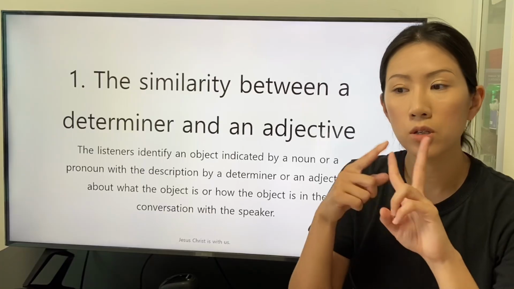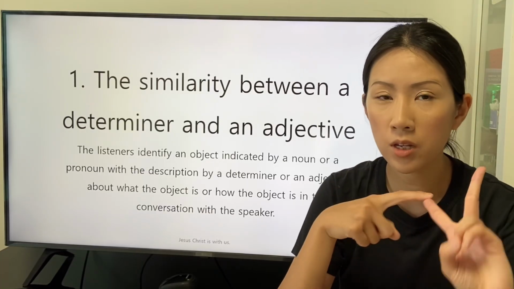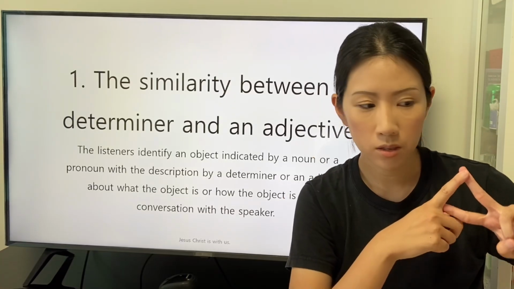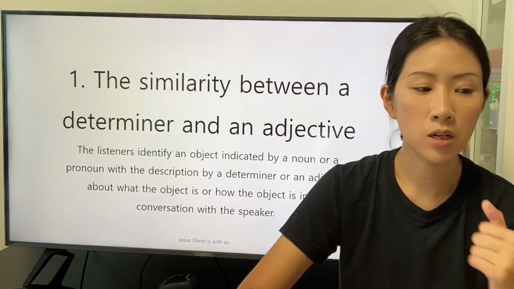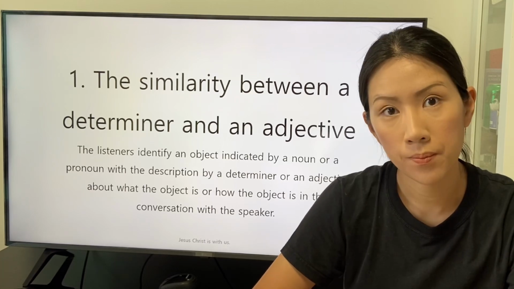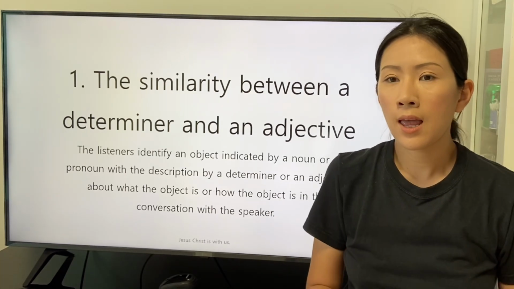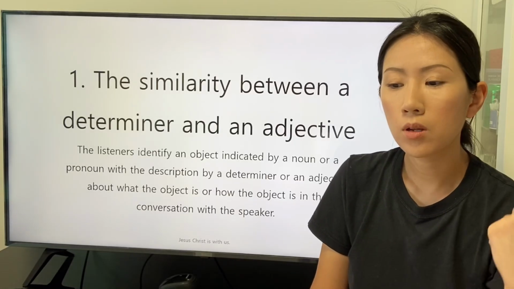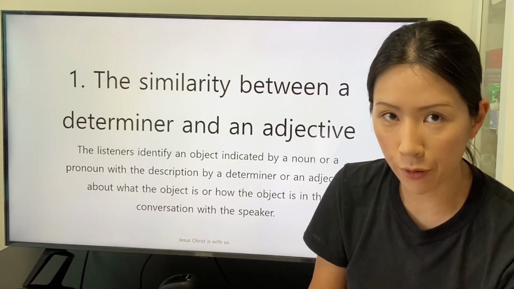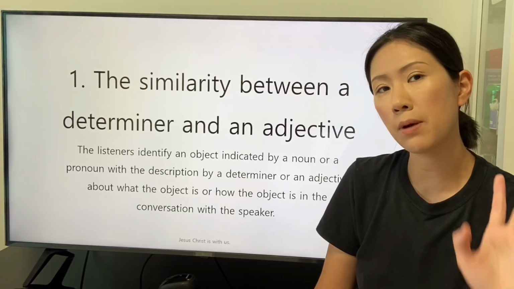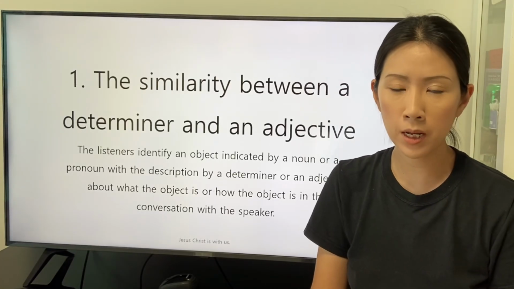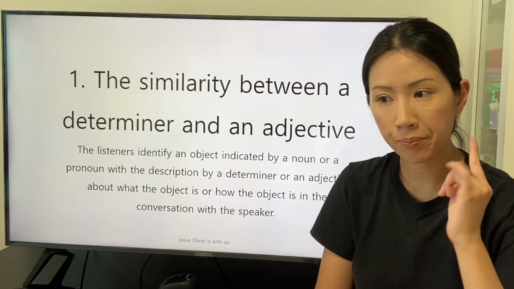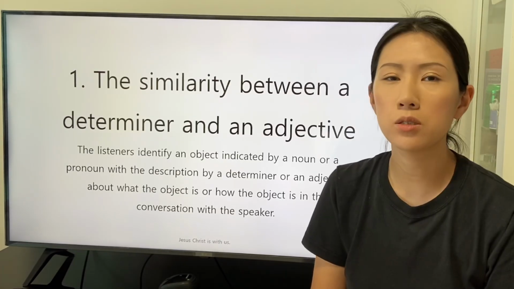The first cup contains the cool water, and the second cup contains the warm water. The speaker can ask the listeners about a cup of water. Then the listeners might be confused about which cup of water that the speaker mentions.